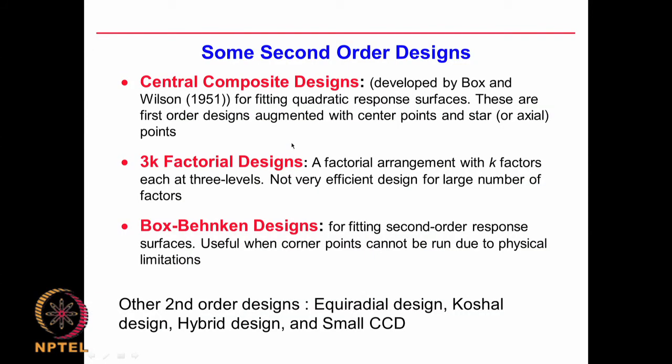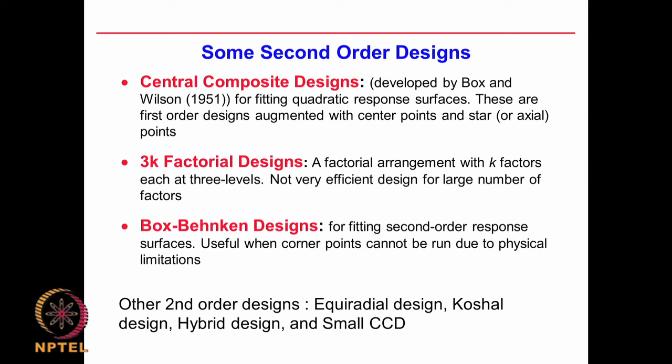Okay. So, central composite designs, developed by Box and Wilson. These are first order designs augmented with center points and star points. The center point is right in the middle and the star points are outside.